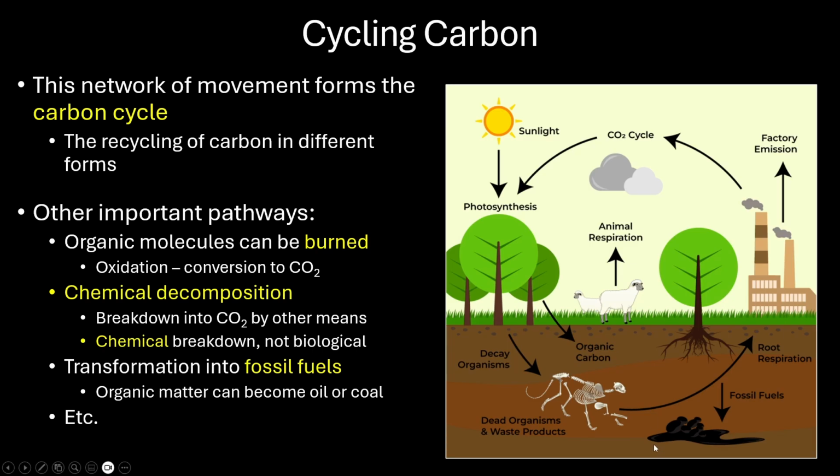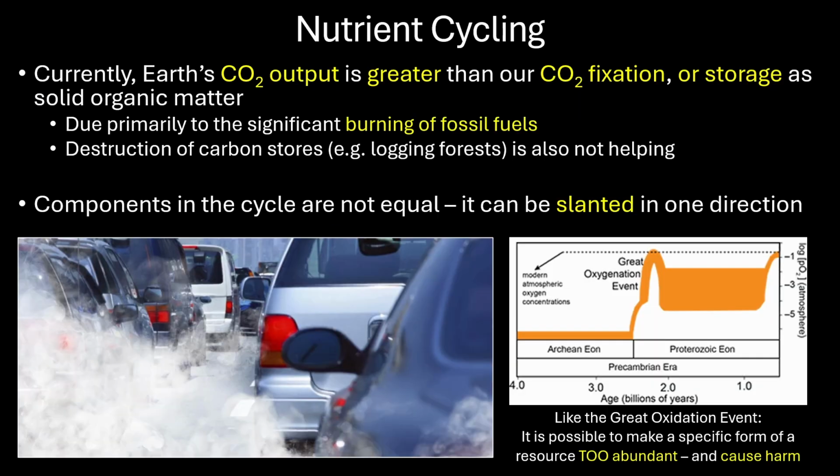And then, of course, if we wanted to, we could take these fossil fuels and then burn them. We use that, of course, to power various processes, but then we release all of those carbons that were trapped inside of these fossil fuels as carbon dioxide, continuing that cycle. So currently, the Earth's carbon dioxide output is greater than the amount of carbon that is being fixed from the atmosphere, that is being taken up by something and stored in solid organic matter.